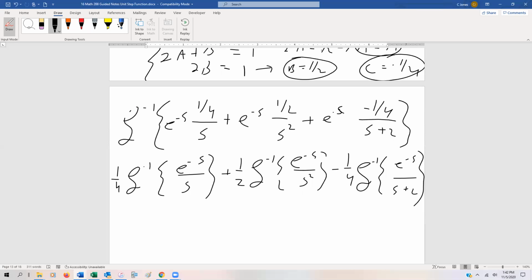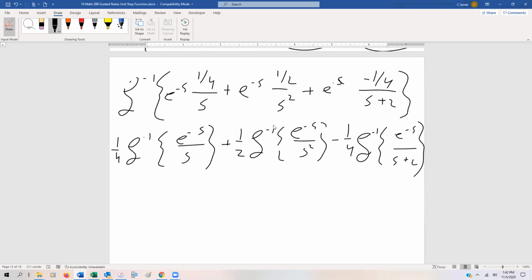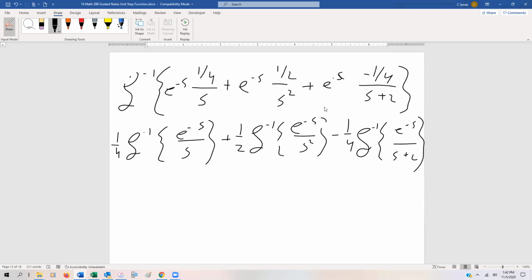So what we're going to do is remember that second translation theorem, where we have the unit step function. Remember, the unit step function makes all of the t's become t minus a. In this case, a is equal to 1. So here's what we're going to get.